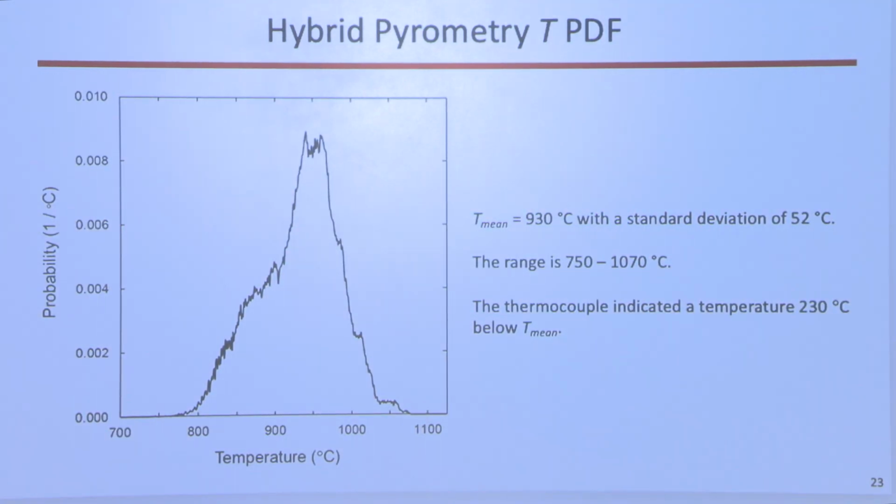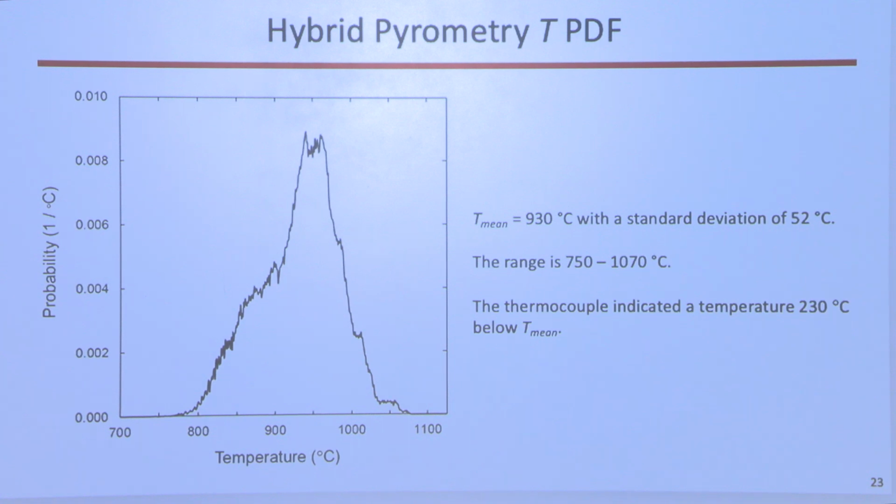For that image, we generate a PDF, probability distribution function, of all the temperatures. So this is the temperature on the x-axis and the probability of that temperature on the y-axis. And it looks like this. It's almost a Gaussian bell curve. It has a mean temperature for that ember of 930 degrees C, standard deviation of 50.